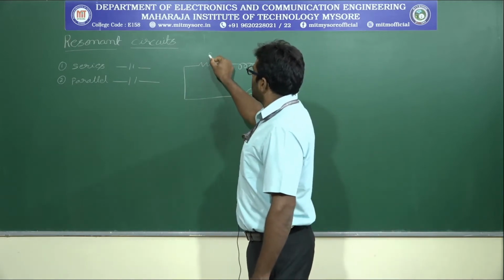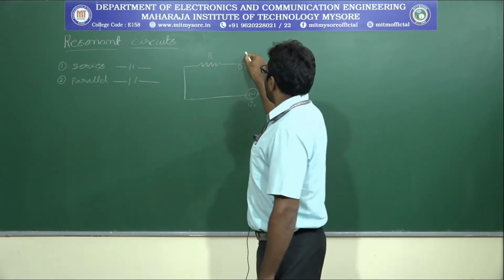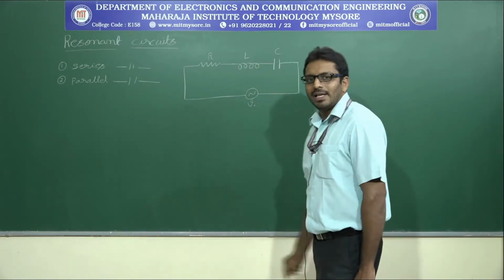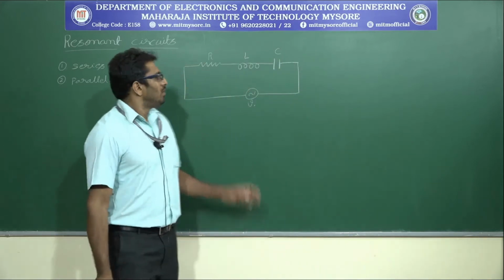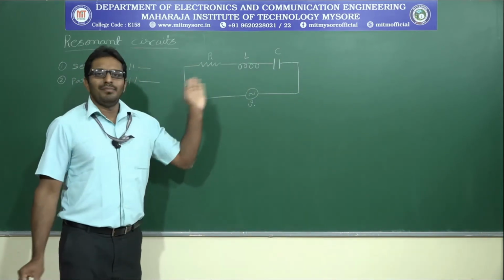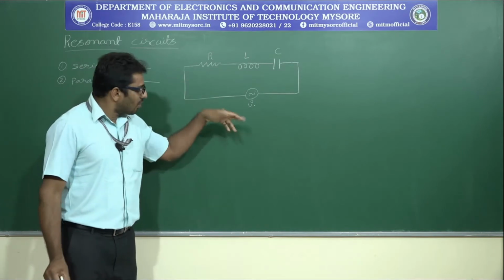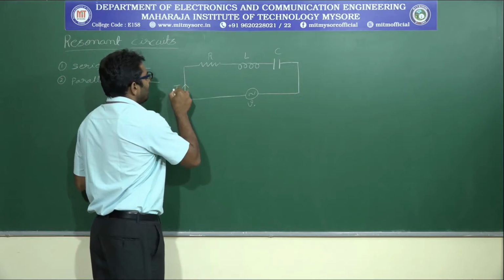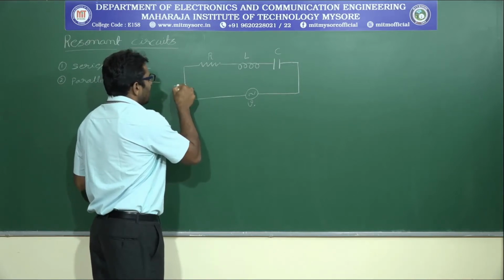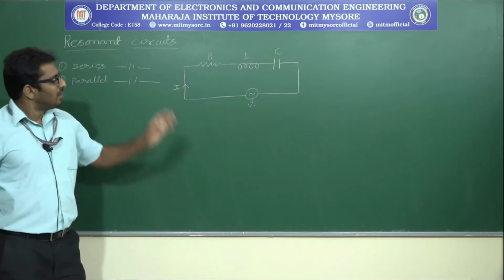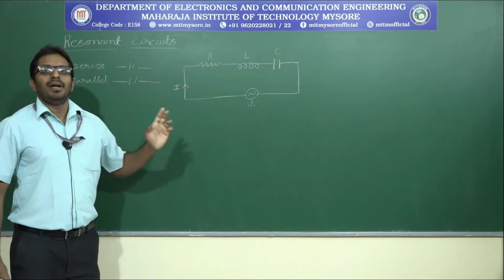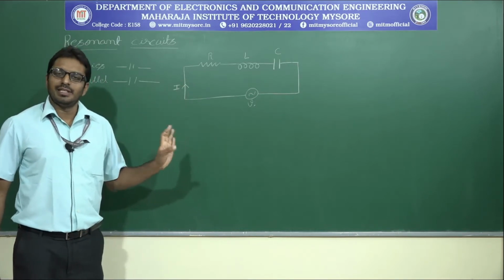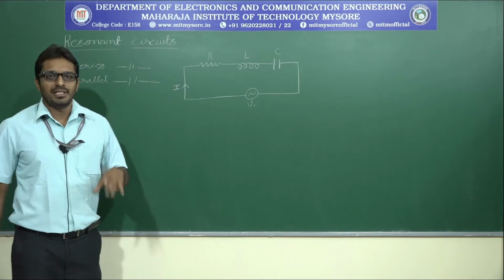The resistance is denoted by R, inductor by L and capacitor by C. When all three elements are connected in series across this supply, the response is nothing but AC current. Let me represent it by I. The current through all the elements is the same because all are connected in series.